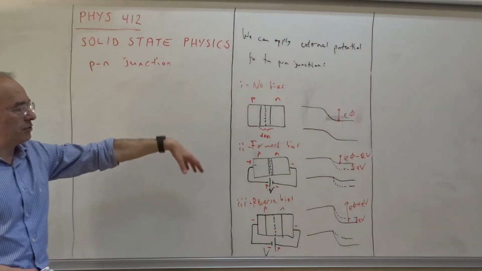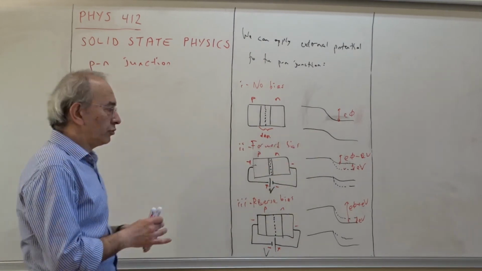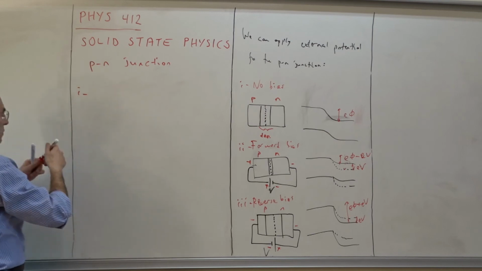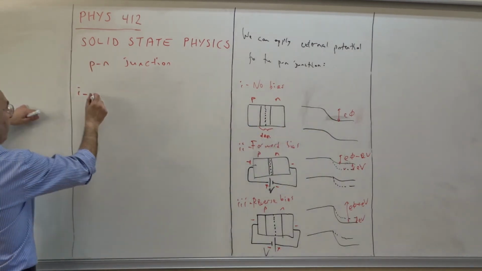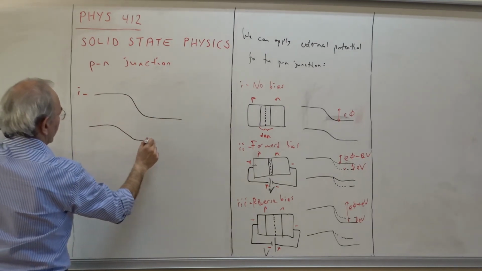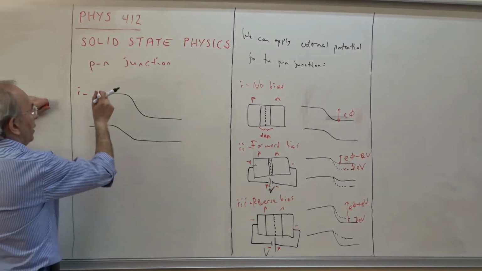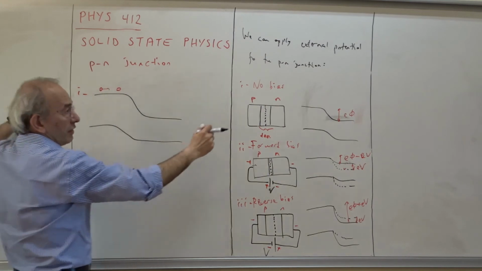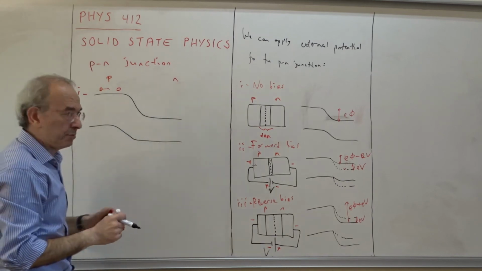Now let us compare these three cases as far as the free carriers are concerned. Case 1. Let's consider this picture again. From the P, always we have the P type on the left and N type on the right in these pictures.